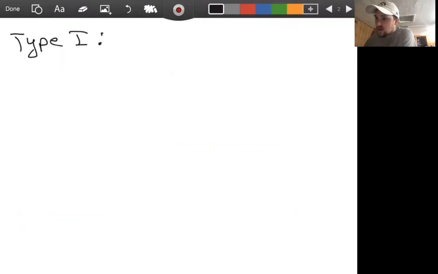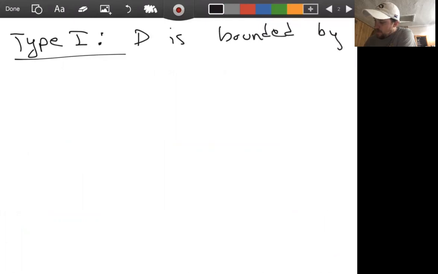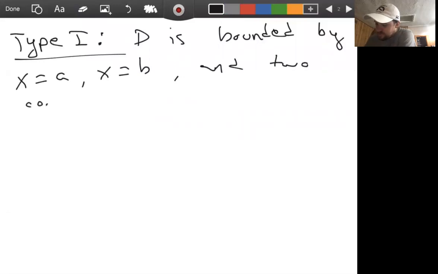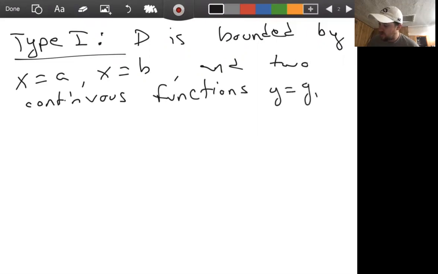A type 1 region is a region where D is bounded by constant lines x equals a and x equals b, and two continuous functions, say y equals g1 of x and y equals g2 of x, right?